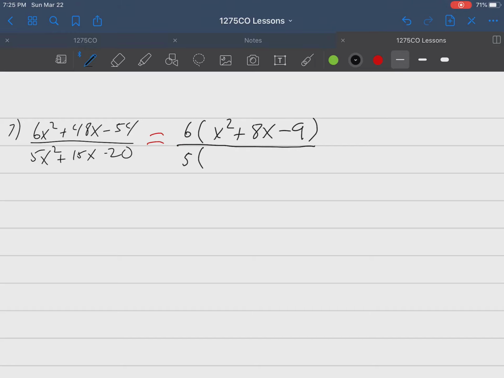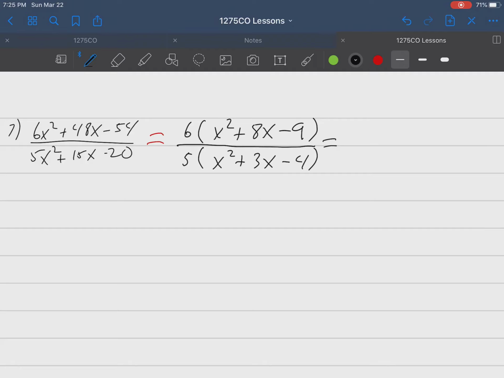On bottom, 5 is the greatest common factor, and x squared plus 3x minus 4 is what's left inside. Now, once again, nothing's going to cancel, right? Inside the parentheses, they must be exactly the same in order to cancel. And since they're not, then you can't do it.